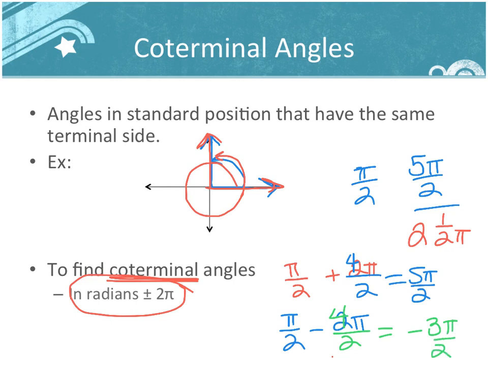So negative 3 pi over 2 means I start at 0, and negative 3 pi over 2 is negative 1.5 pi. So negative 1 is here, negative 1.5 is here, and again, same initial and same terminal side. That makes them coterminal.